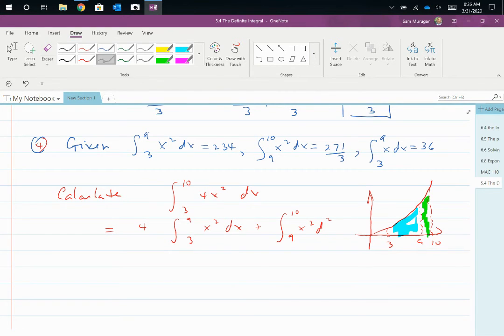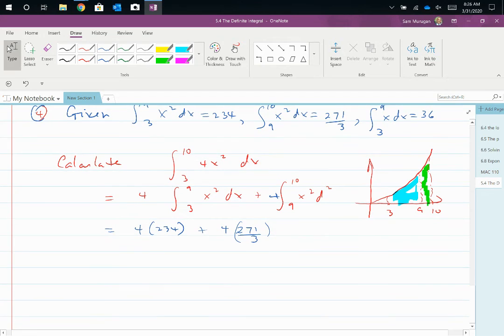Two separate areas. We have values for this. From 9 to 3 is 234, so 4 times 234. And from 10 to 9, oh, by the way, I forgot the constant there, because both have a constant of 4. From 10 to 9 is 4 times 271 over 3.